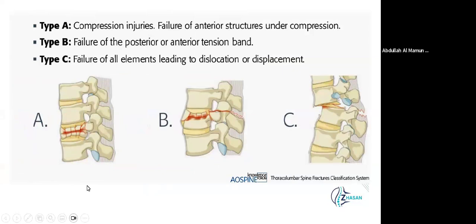Number two is the B type fracture, the failure of the tension band. Now, tension band injury is of two types, actually, anterior and posterior. I will discuss it later. Number three is the C-type injury, when all the elements of the vertebral column are dislocated or displaced. That is C-type, and it is the most severe type of injury.